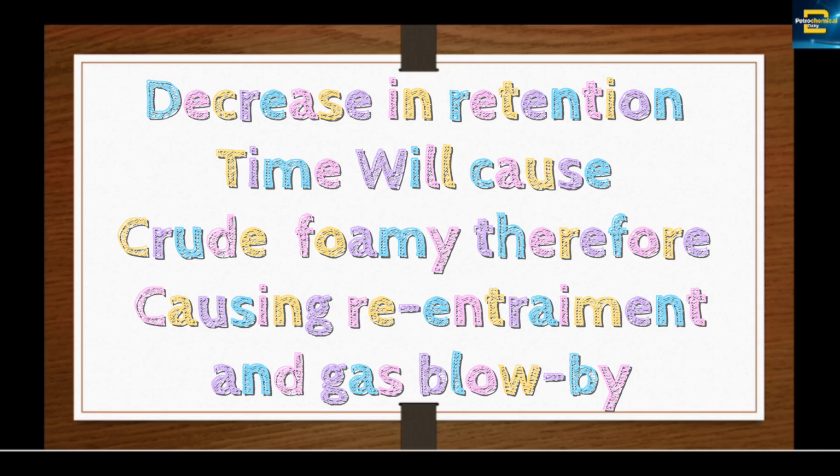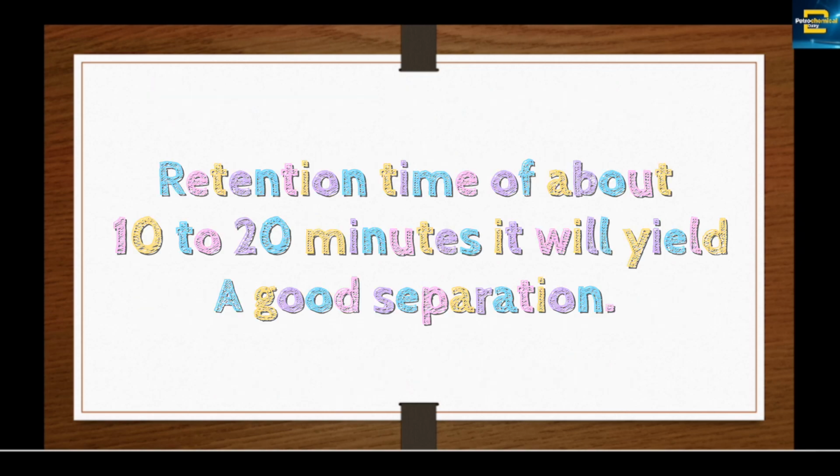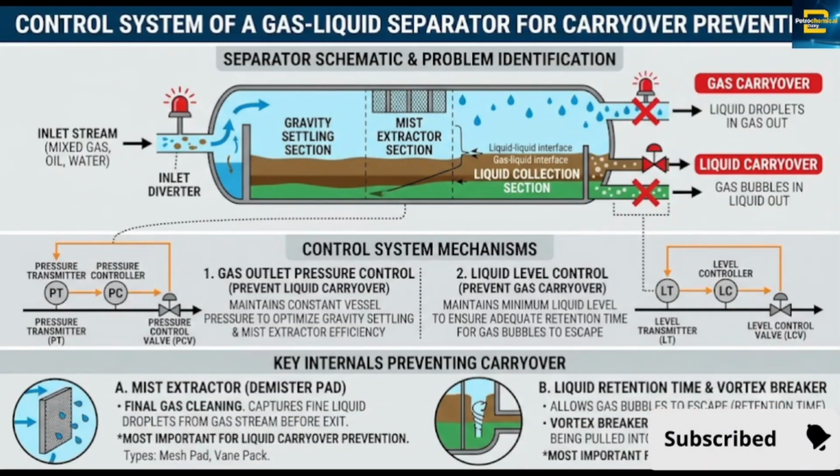So poor retention time can affect our separation. It is better for us to have a retention time of about 10 to 20 minutes to have a good separation. So that is how we can prevent carryover in our separator.